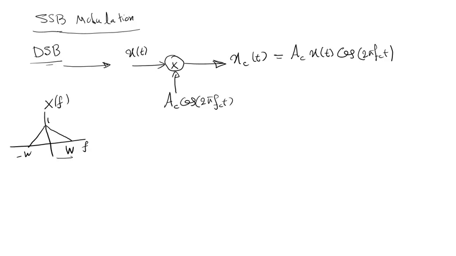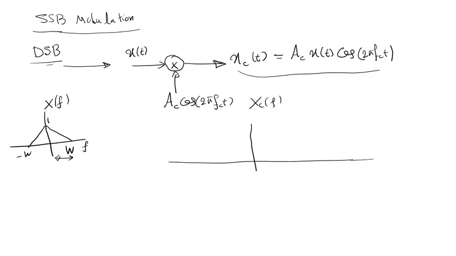The bandwidth of our message is W, for example 5 kHz, 10 kHz, or 15 kHz in FM modulation. In AM modulation, they mostly use 3 to 5 kHz for voice.